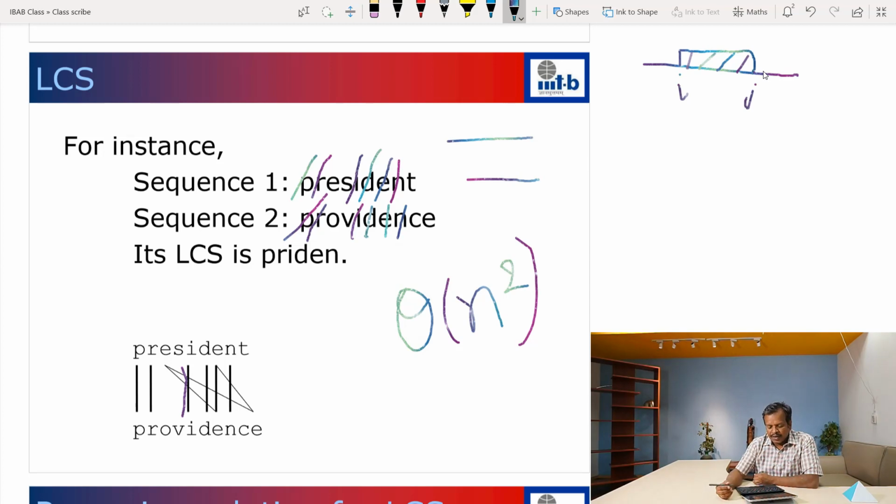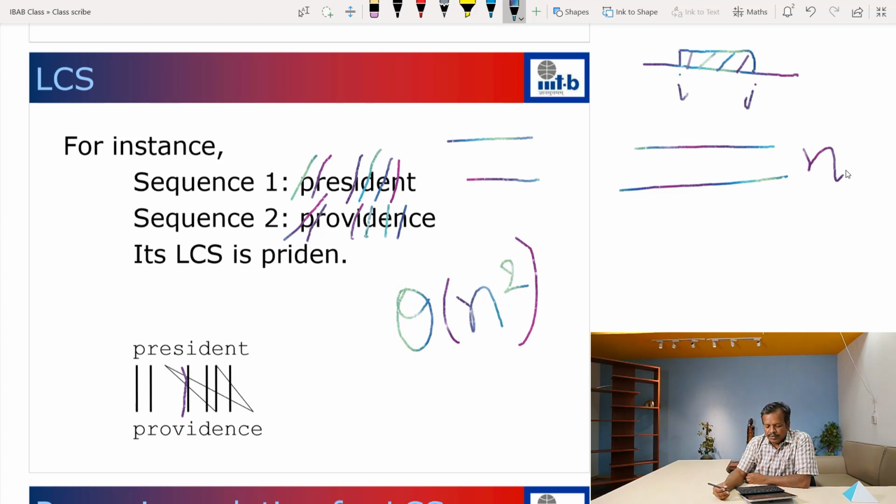Now, let's consider the brute force algorithm for both the subsequence problem as well as the substring problem. Suppose I am given two sequences of length n, and our objective is to find the longest common subsequence.